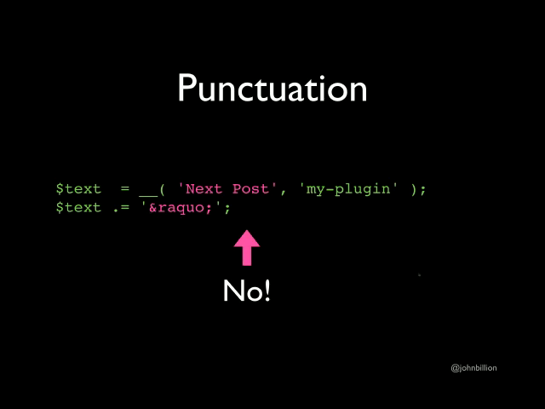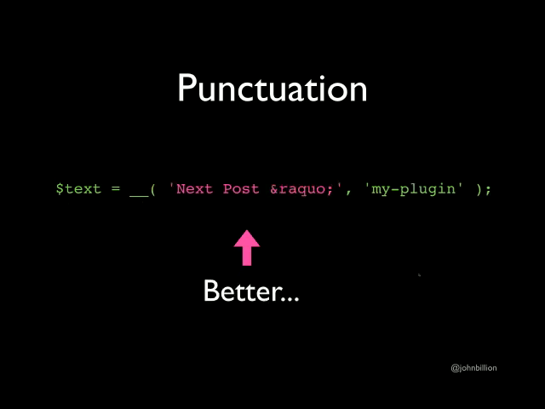However, the right angle quotes and the left angle quotes can actually have a meaning in some languages. For example, in French, they can represent speech marks, nested speech marks. So you can't do this, because what this means is you're going to be outputting a piece of punctuation which actually has a meaning in some languages.